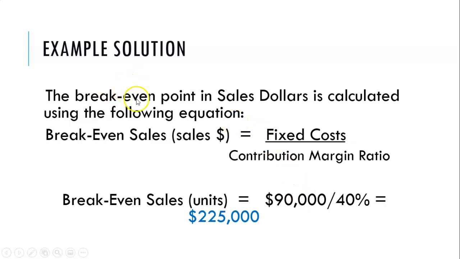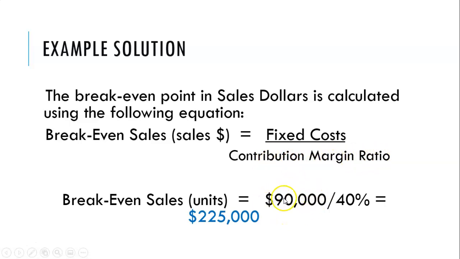Now, another way to look at break even is in sales dollars. So we have a slightly different equation for looking at break even in sales dollars. We still have the fixed costs on the numerator, but on the denominator, instead of the unit contribution margin, we're going to use the contribution margin ratio.